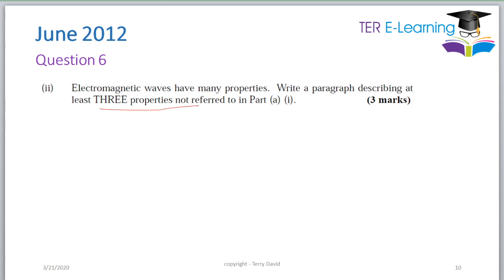All right, Kendall says they can travel through a vacuum. That's one.